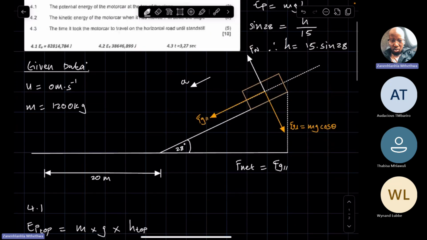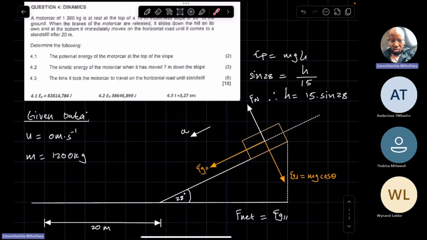All right, 4.2. Calculate the kinetic energy of the motor car when it has moved 7 meters down the slope. Just take this away.